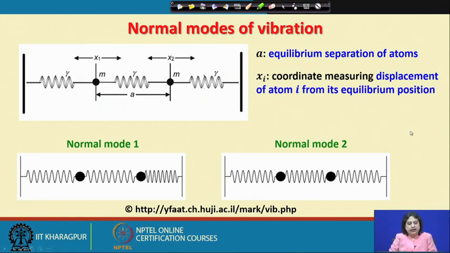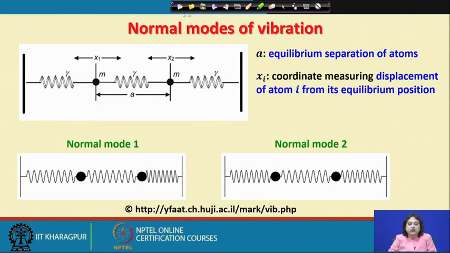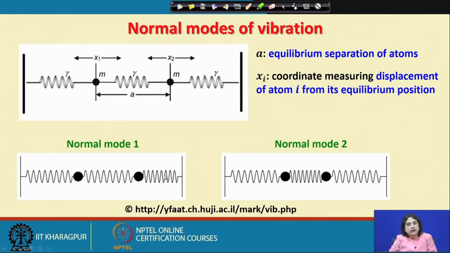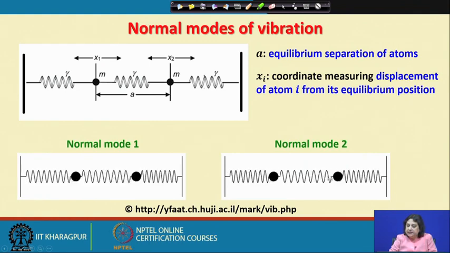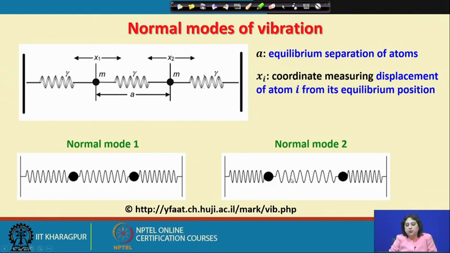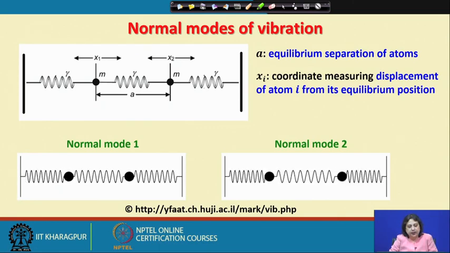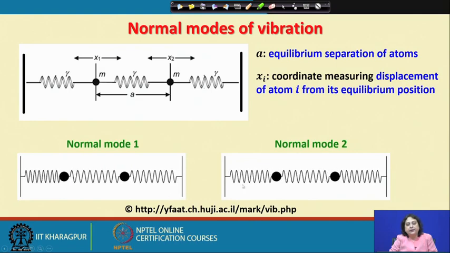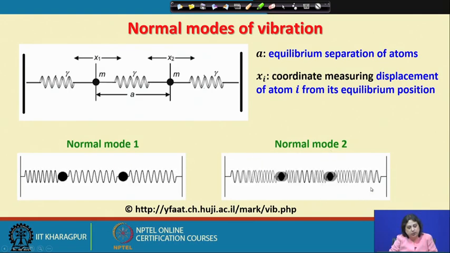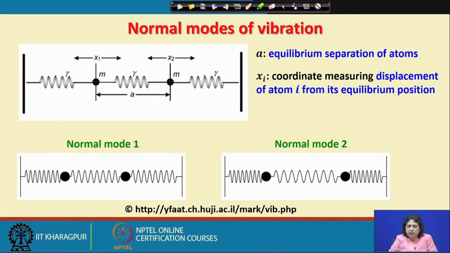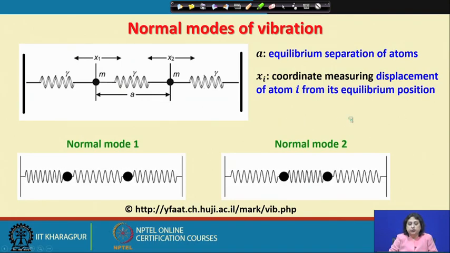In this particular case, as you see, I am highlighting here one normal mode when the two atoms are moving in phase, and there is another one where they are moving not in phase, but out of phase with each other. So, if I take this as oscillator 1 and this as oscillator 2, then these two represent the vibrational pattern of these two coupled simple harmonic oscillators effectively. So, this is the role of the normal modes of vibration.